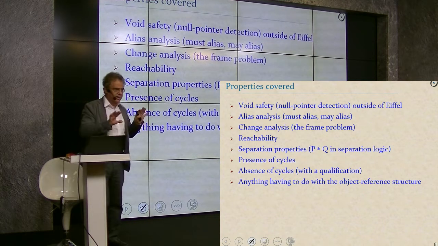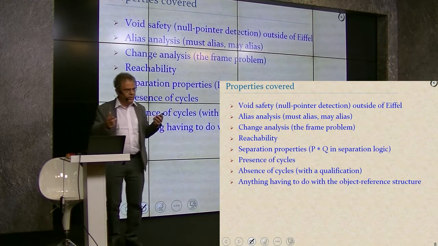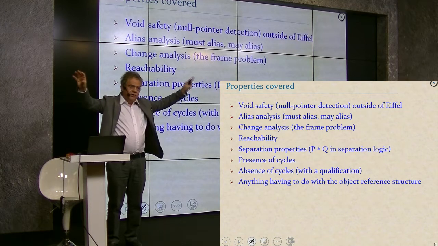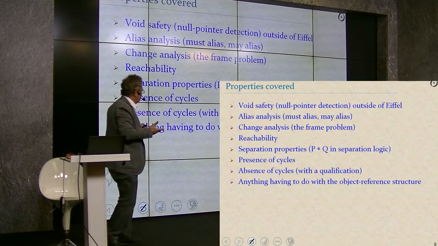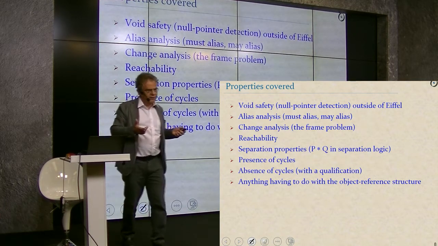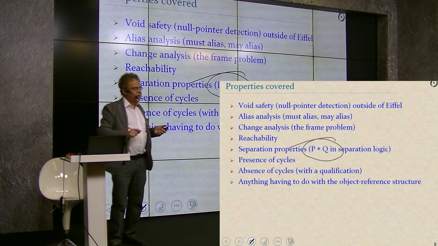Reachability is another of the questions we're going to look at. That is to say, is it possible from one part of the heap, one part of the object diagram, to reach another? Separation properties. So reachability plays a big role in an approach which has gained some popularity in software verification. Separation logic, which has in particular an operator written like this.